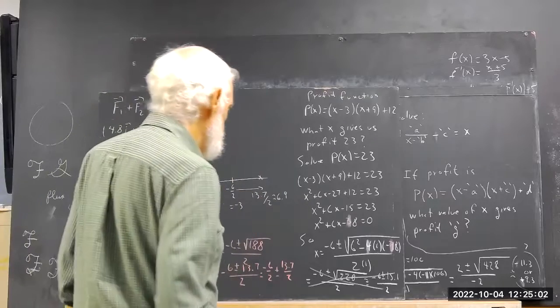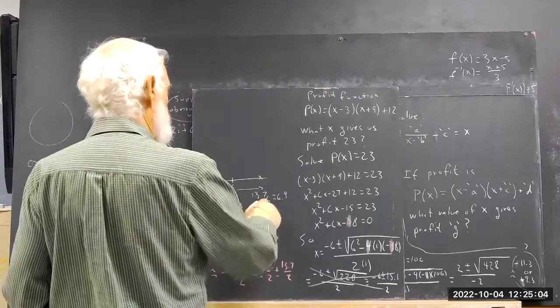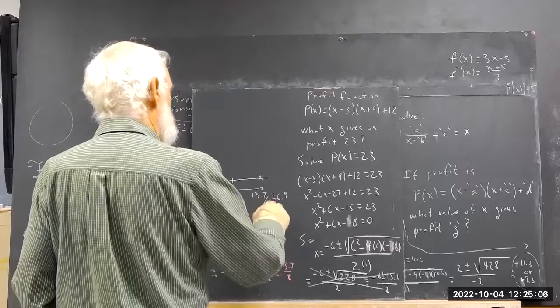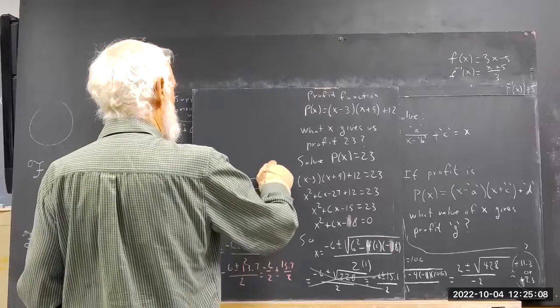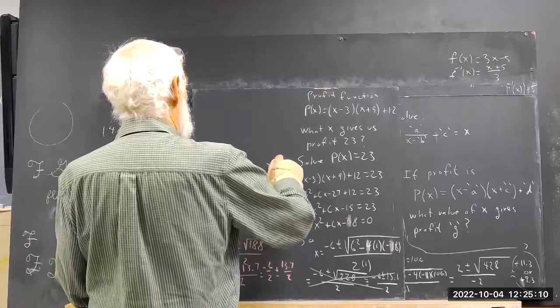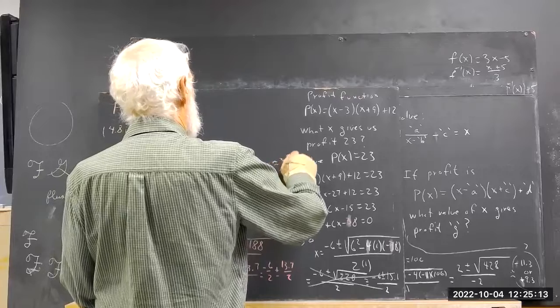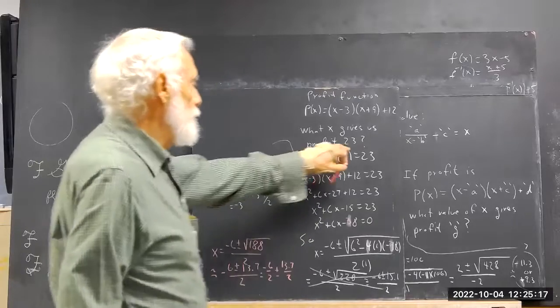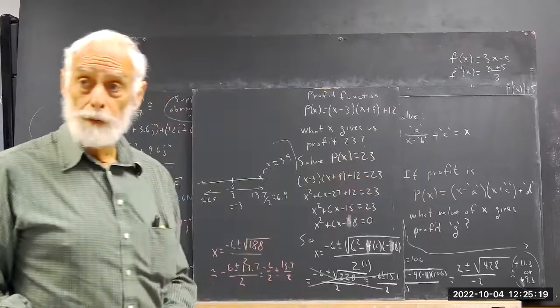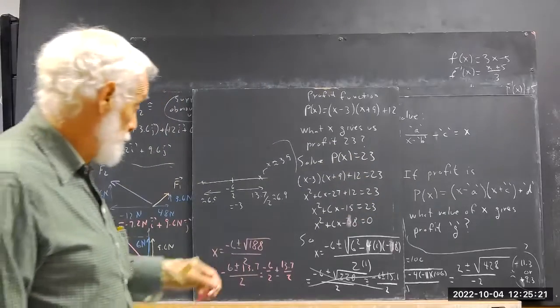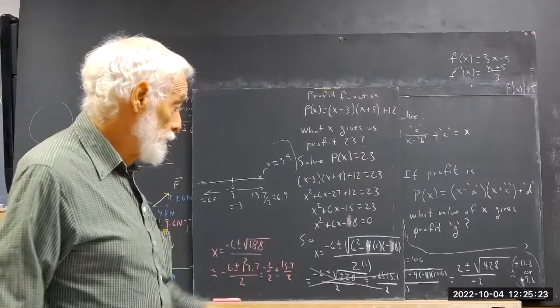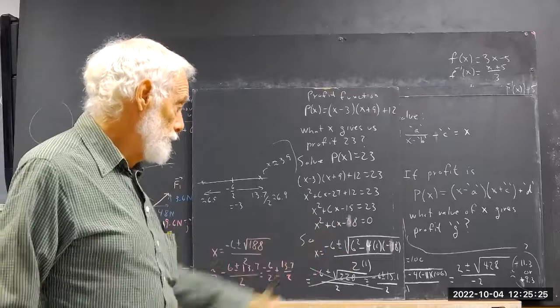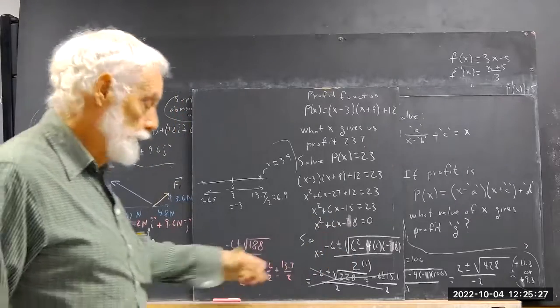Those are our two solutions. This one's positive. -3 plus 6.9 is 3.9. So when x is 3.9, our profit should be pretty close to 23. Now I've got some approximations in there. Did the arithmetic kind of quickly in my head. Made a mistake here, corrected it. I think I corrected it more or less correctly.